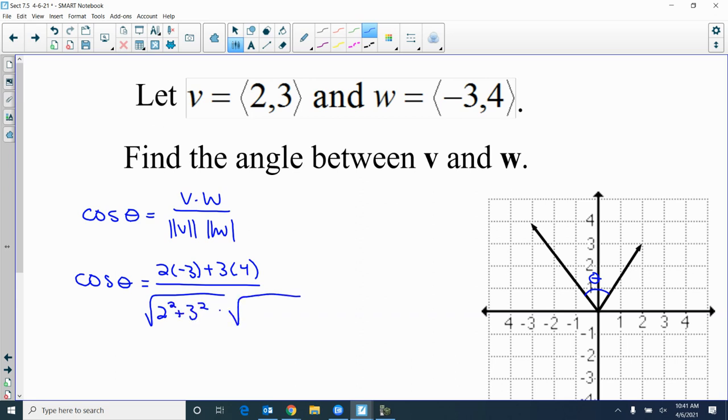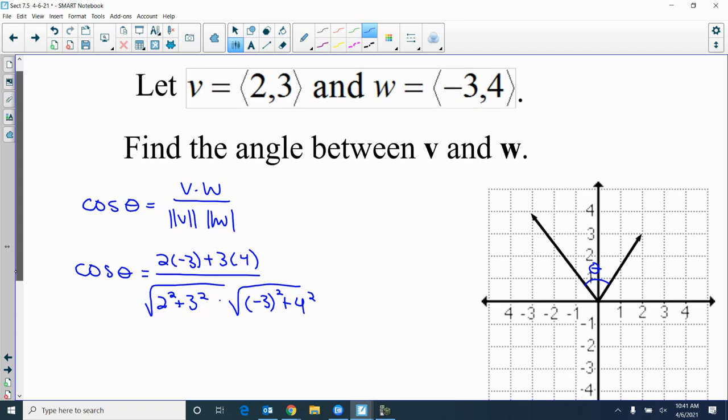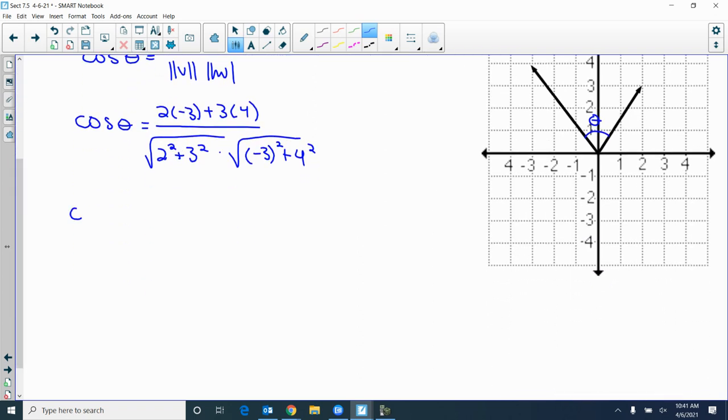And the magnitude of W is going to be the square root of negative 3 squared plus 4 squared. Negative 6 plus 12 gives me 6 over square root of 13. That's going to just be 5. So I can make this 5 square root of 13. It's not always going to work out to be a whole number, but if it does, it's a little bit nicer.